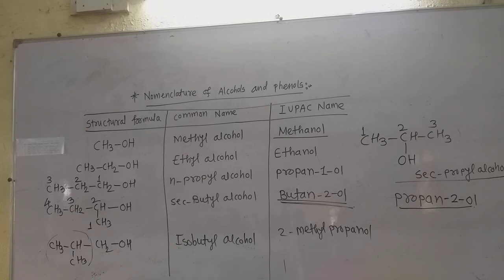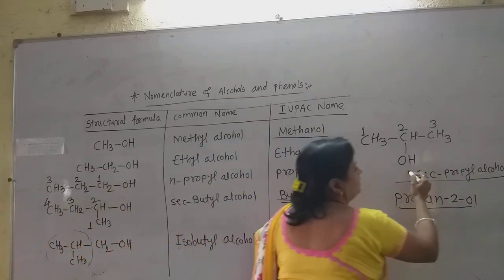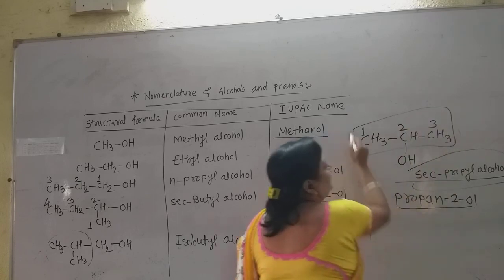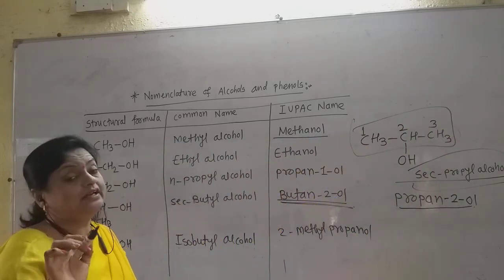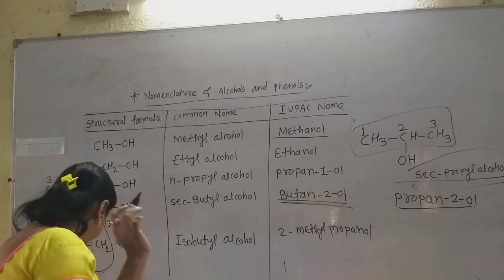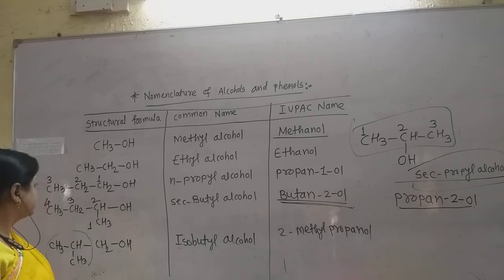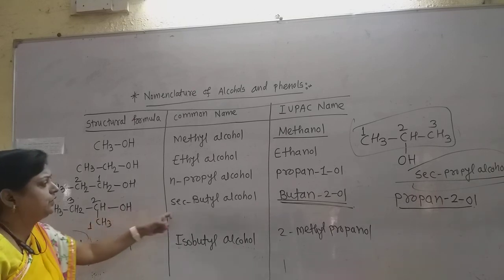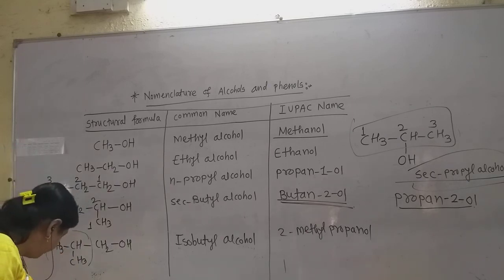Only in the propyl group, secondary and iso are similar. But from the butyl group onward, secondary and iso have different structures. Now see, this is the secondary butyl alcohol and this is the isobutyl alcohol. What is the difference between them?